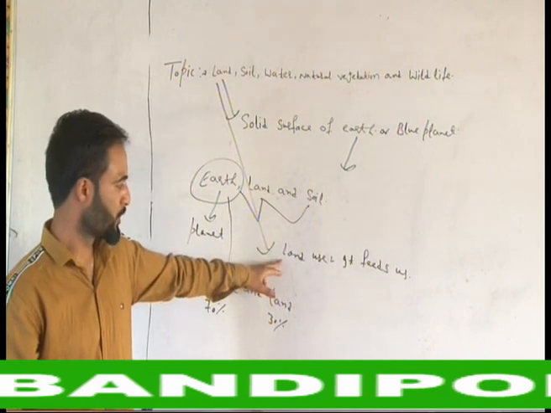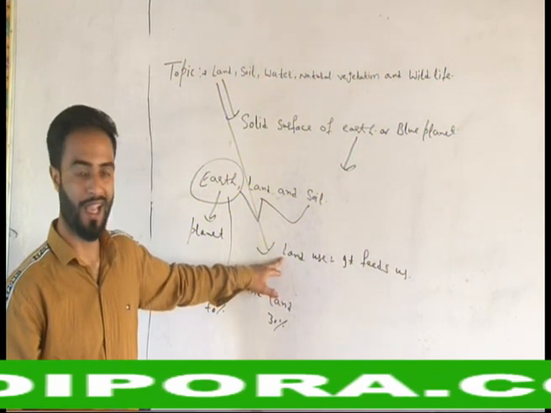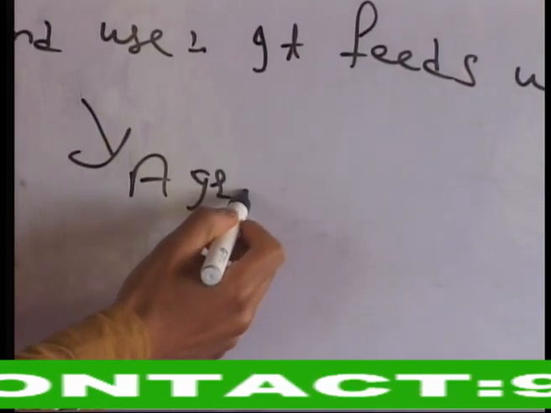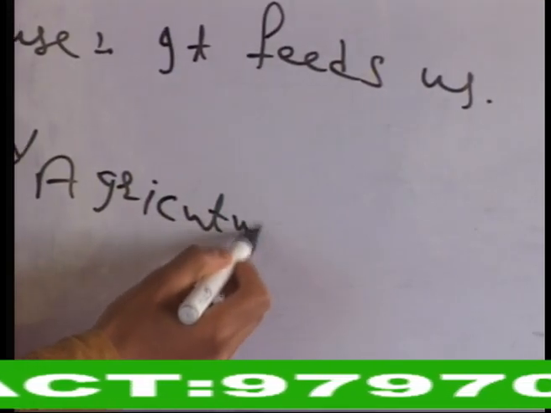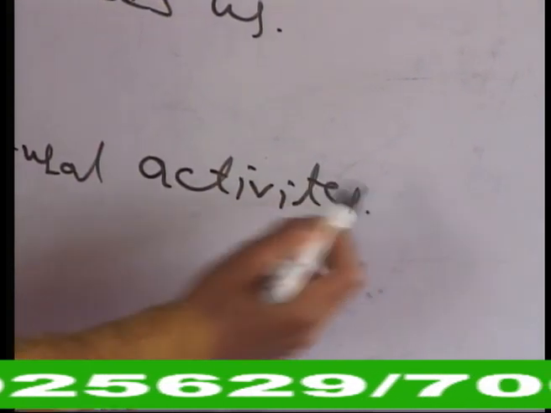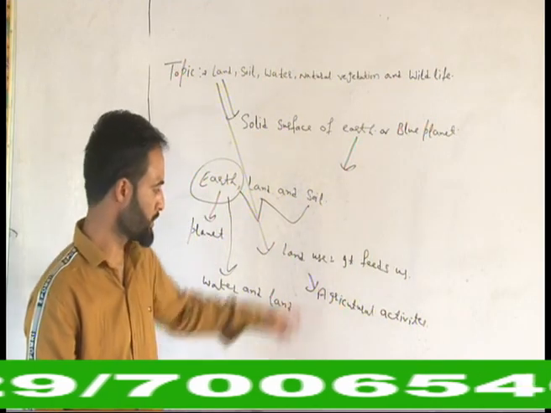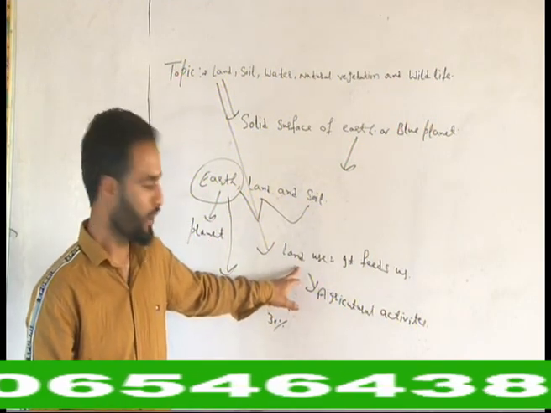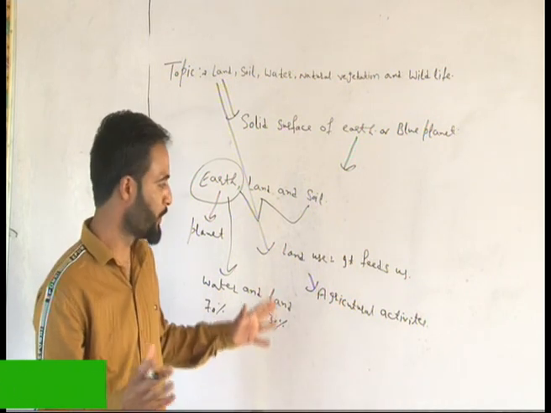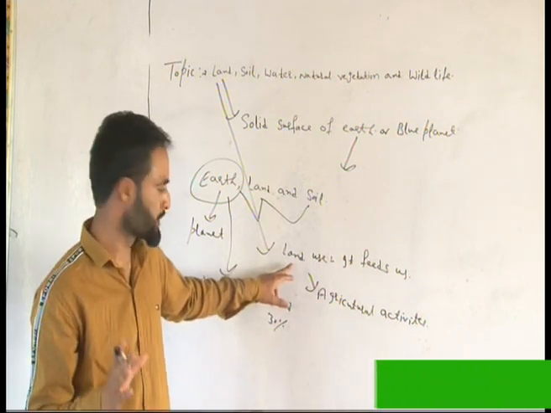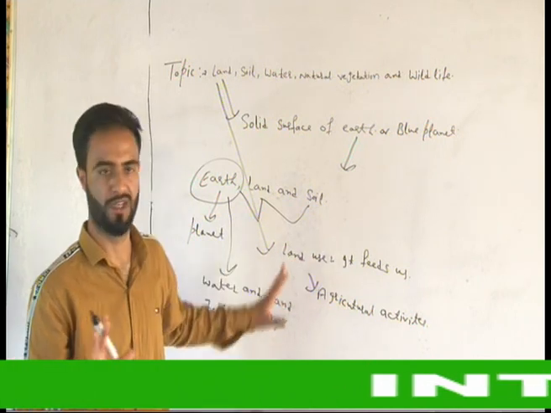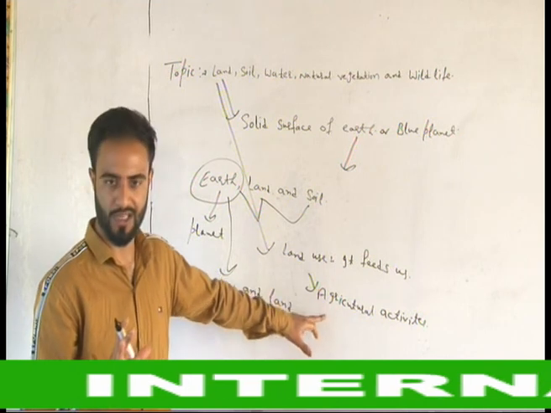Because it is due to this land that we carry out different types of agricultural activities. It first feeds us by means of agricultural activities.